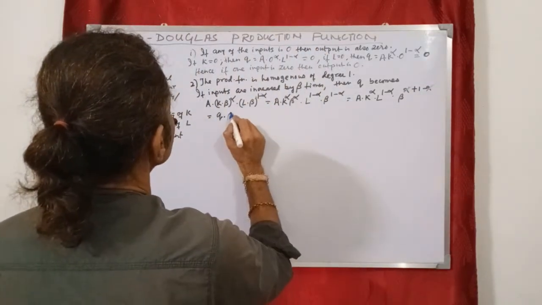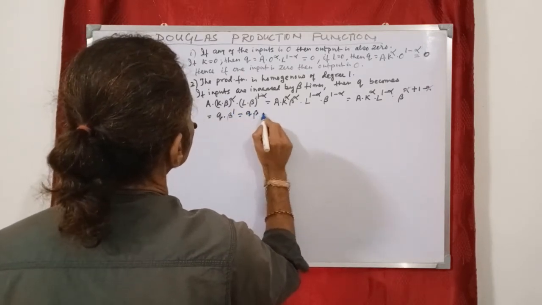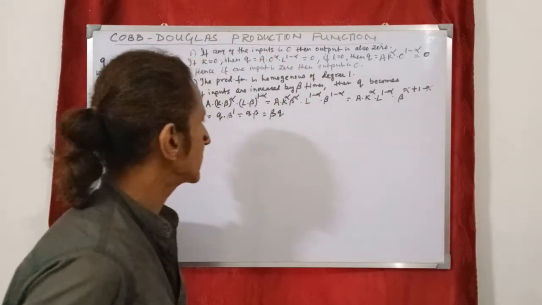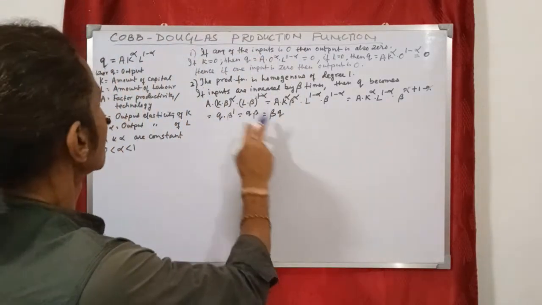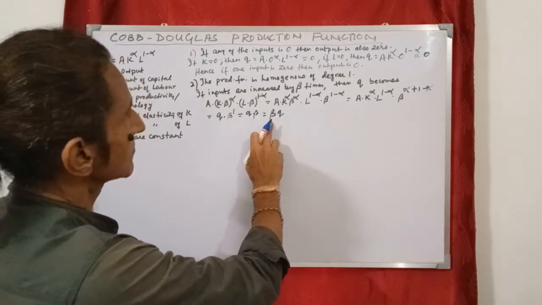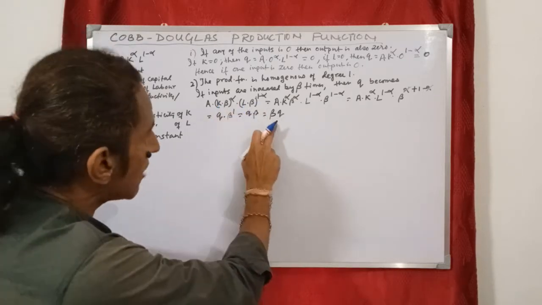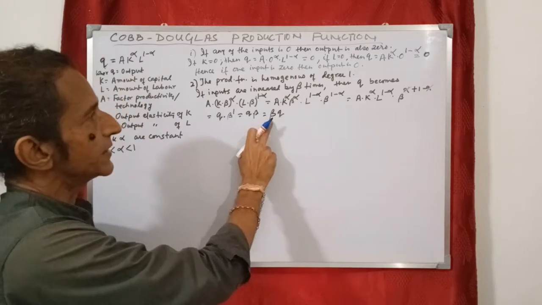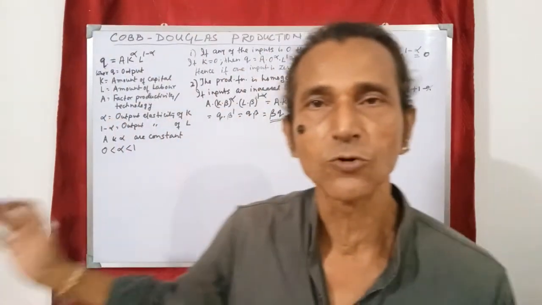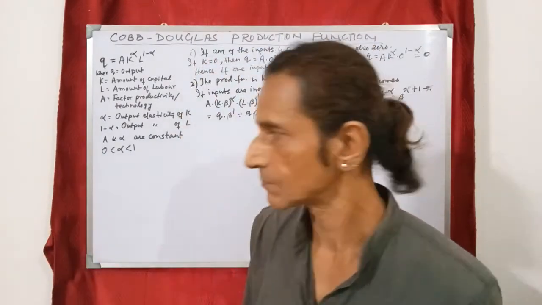So remains beta to the power 1, equals Q into beta, equals beta Q. Thus we can see that Q is multiplied by beta. That means when inputs are increased by beta times, output also increases by beta times. Correct? So this proves Cobb-Douglas production function is homogeneous of degree 1.